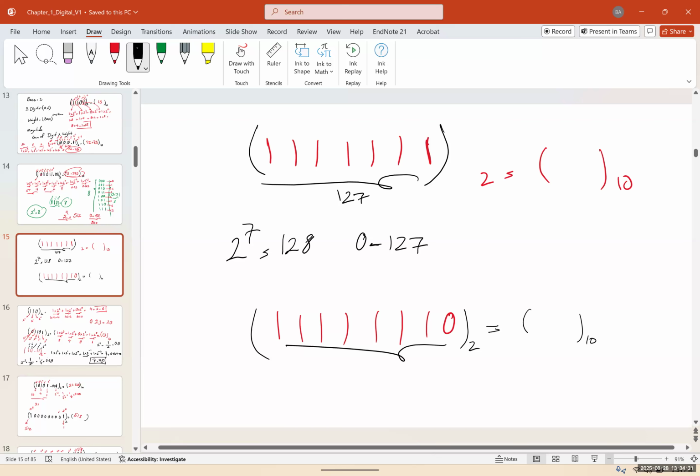So how many digits do I have? 8. 2 to the power of 8 is equal to what? 256. Yes. So if everything was 1, this number would be what? And I'm missing the last one. So it's 254. This is going to help you a lot, especially when you are doing your FE exam.